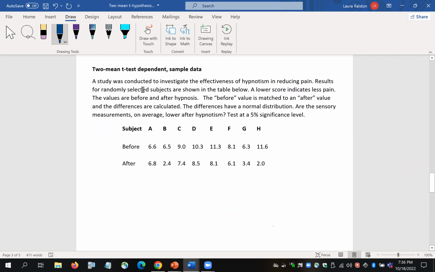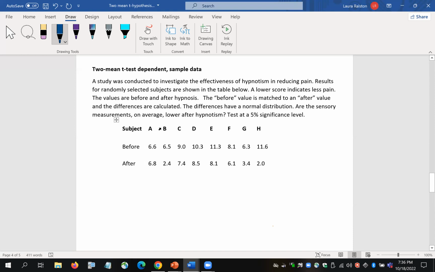I've told you it's a two-mean t-test or paired t-test, but I'm going to walk you through how you know. A study was conducted to investigate the effectiveness of hypnotism in reducing pain. Results for randomly selected subjects are shown in the table below. A lower score indicates less pain. The values are before and after hypnosis. The before is matched to an after value, and the differences are calculated.